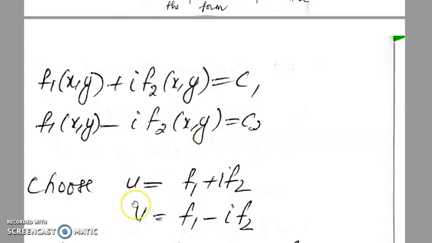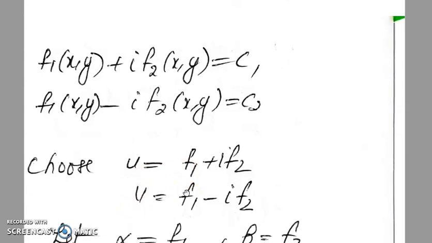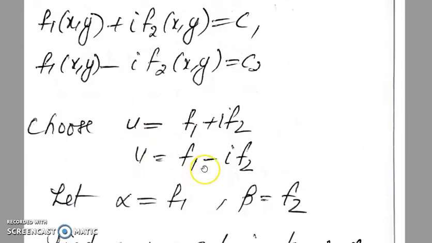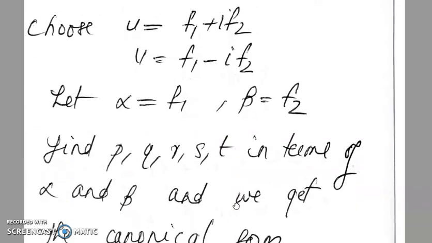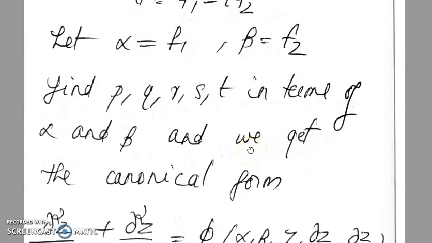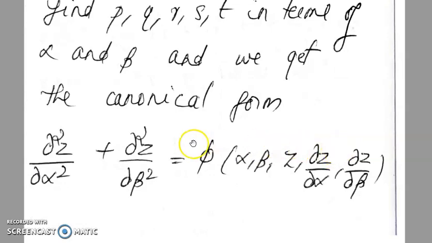Here we will choose u equal to f1 plus i f2 and v equal to f1 minus i f2. And let me take alpha equal to f1 and beta equal to f2. Now we need to find p, q, r, s and t in terms of alpha and beta, and this will give us the canonical form.